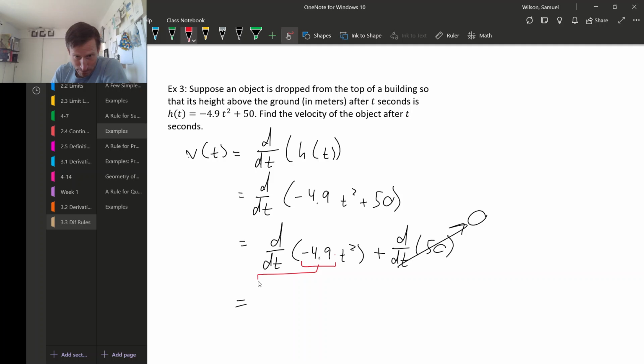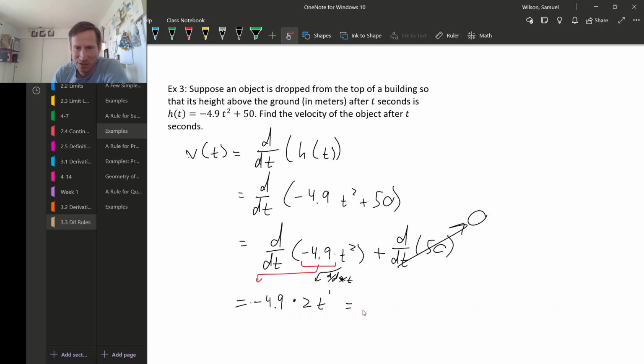So we can move the 4.9 outside of the derivative. That's the constant multiple rule. So minus 4.9 times, and then write down the derivative of t squared. And that's a job for the power rule. So 2 times t to the first power.